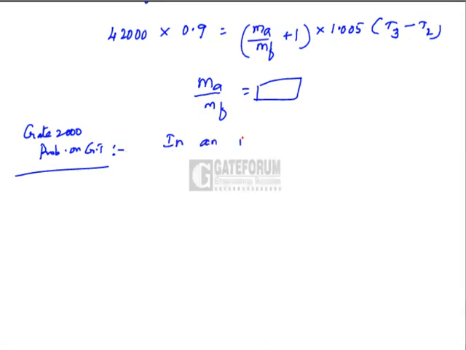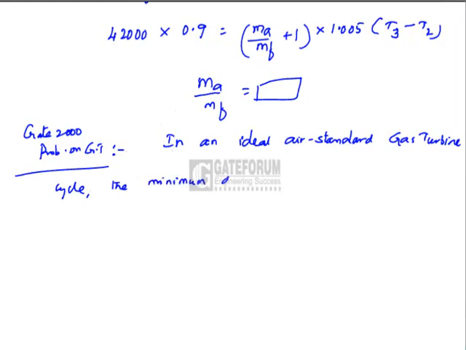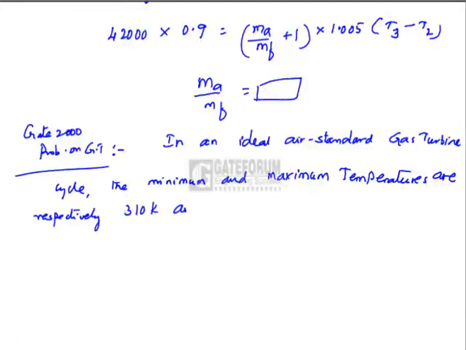In an ideal air standard gas turbine cycle, the minimum and maximum temperatures are respectively 310 K and 1100 Kelvin.